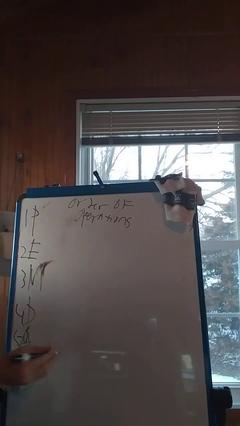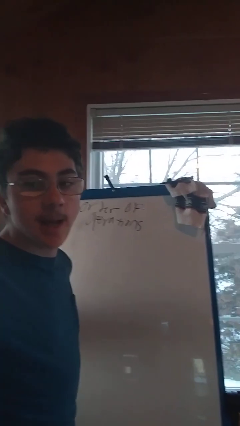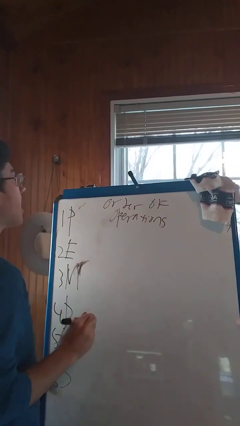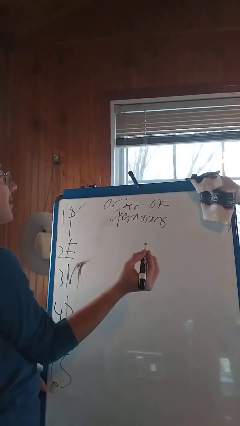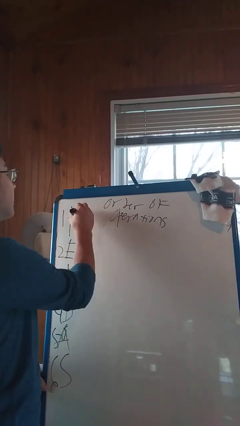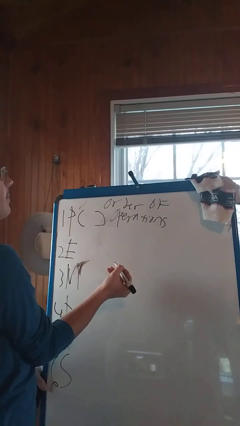So I'm just going to write just the symbols of it out. So the P stands for parentheses. What are parentheses? They look like this, and I'm sure that you've seen them.